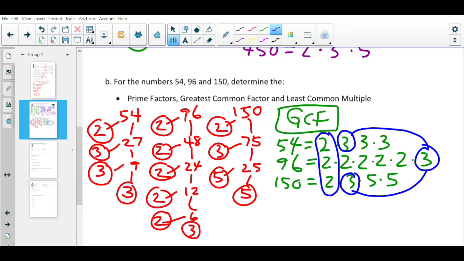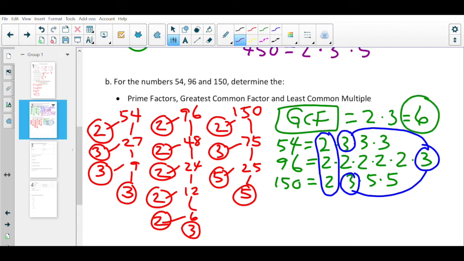Nope. Do we have any more 2's common to the other numbers? Nope. Do we have any 5's common to any of the numbers? No. So the greatest common factor of 54, 96, and 150 is the prime factors that are in common, which are just 2 and 3. So 2 times 3. So the greatest common factor is 6.